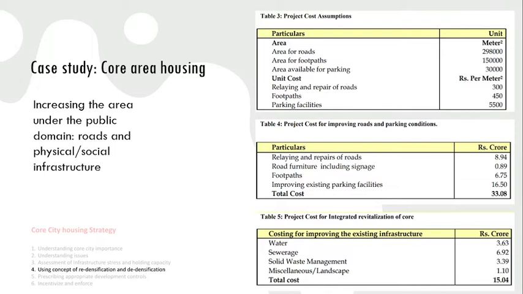How to improve water supply services? How to connect households to the sewage system and manage the wastewater generated? Then solid waste management and other miscellaneous and landscape costs, which also include recreational facilities, local parks, etc. So these are the different strategies. Whenever they want to redensify, they need to improve the infrastructure services which are very basic for human survival in these neighborhoods.